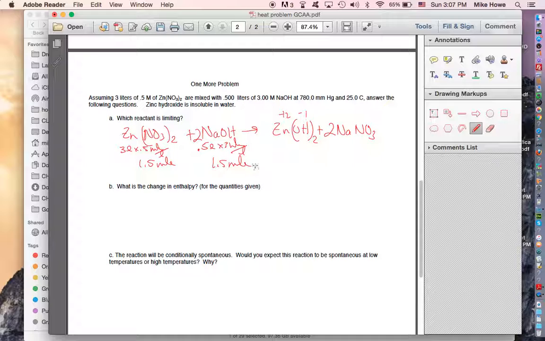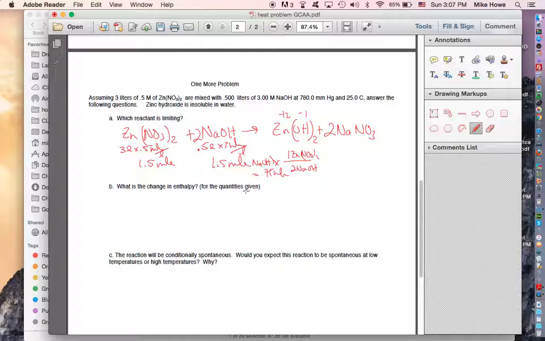So if I did this one, that's NaOH. All right, multiply by 1 zinc nitrate for every 2 NaOH. So that equals 0.75 moles.